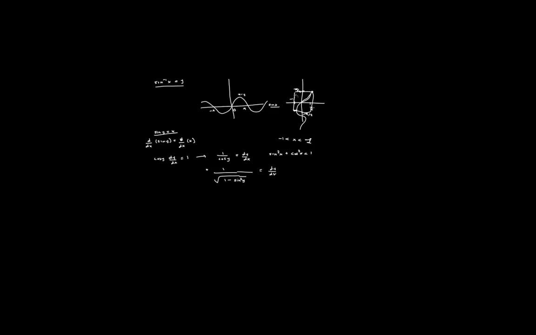And then we know that sine squared y is just equal to x squared because of that expression. So this is just 1 over the square root of 1 minus x squared.